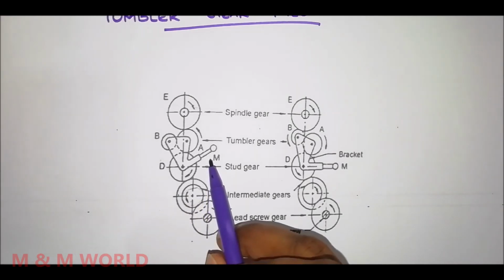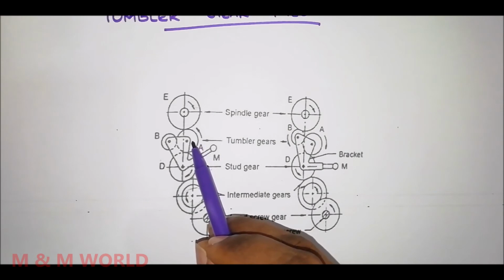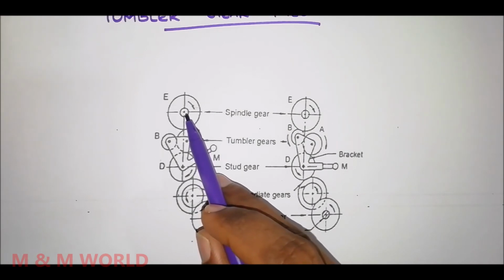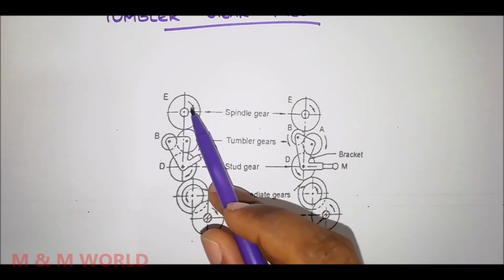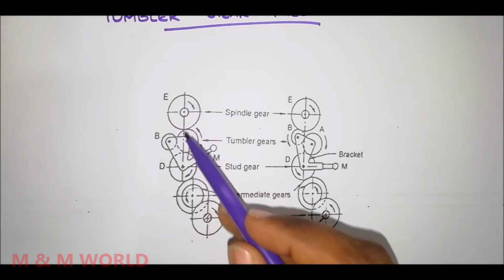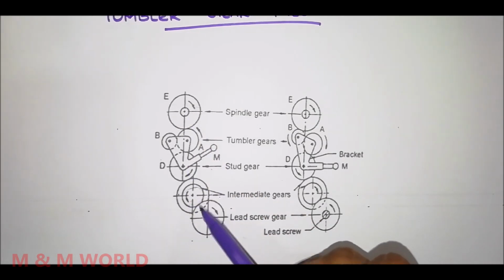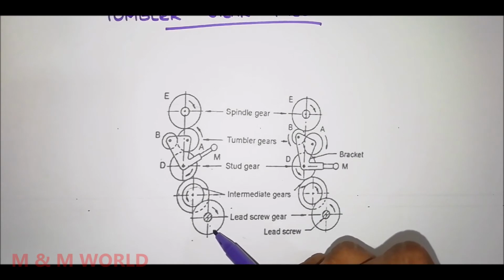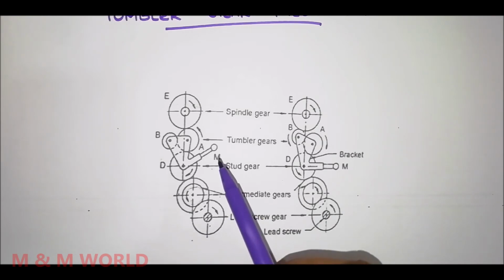So when the lever M is shifted to upward position, the gear A is engaged with spindle gear E, and the power is transmitted through spindle gear to the lead screw, that is E, A, D, then this intermediate gear and to the lead screw. And during this position, lead screw will rotate in the same direction as the spindle rotates.